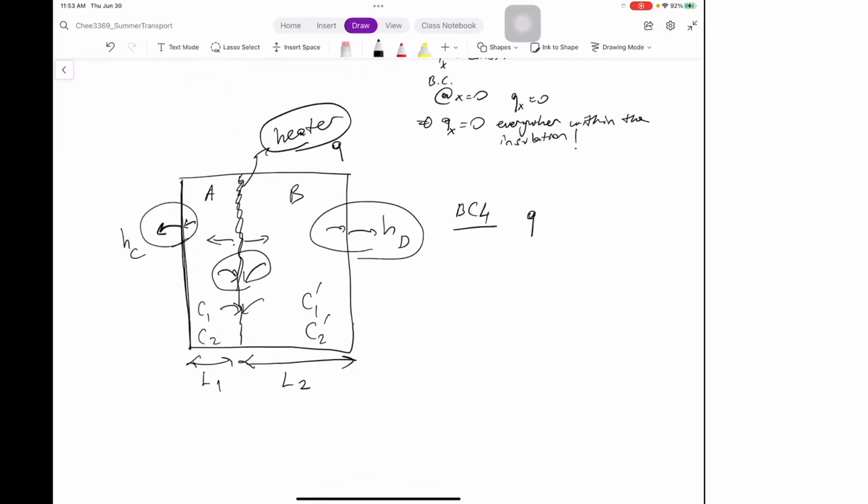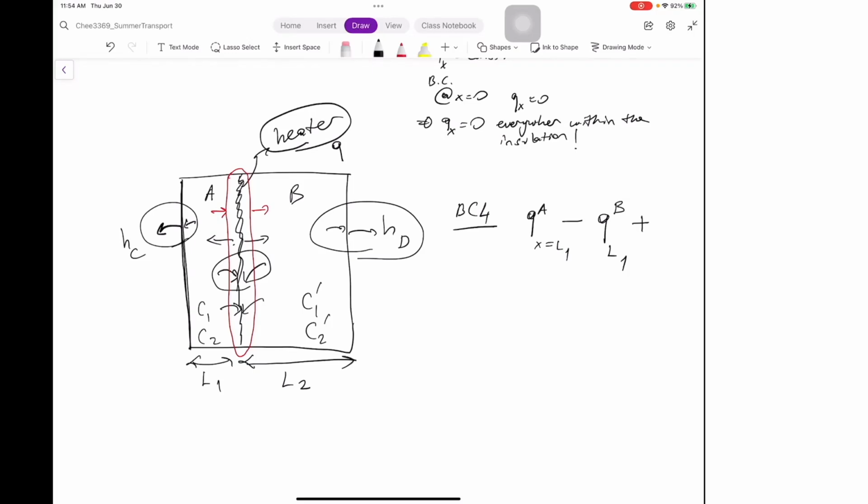Q, the flux at A. Okay. The flux for A at X equal to L1, for example. You can think of it as this flux coming in, right? Minus Q of the B at L1, right?